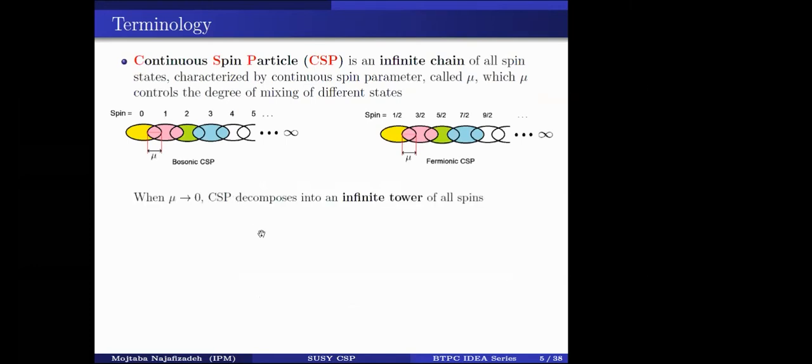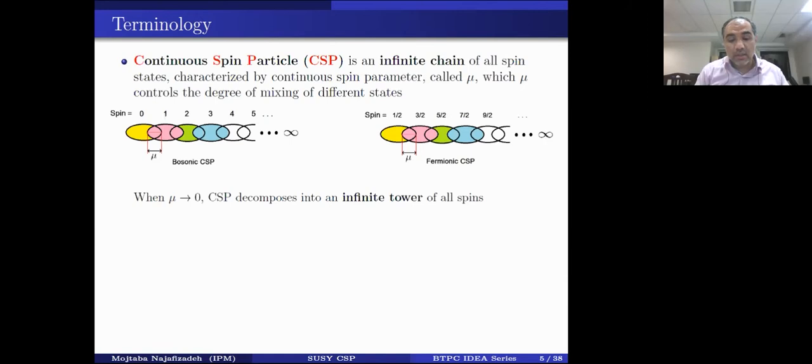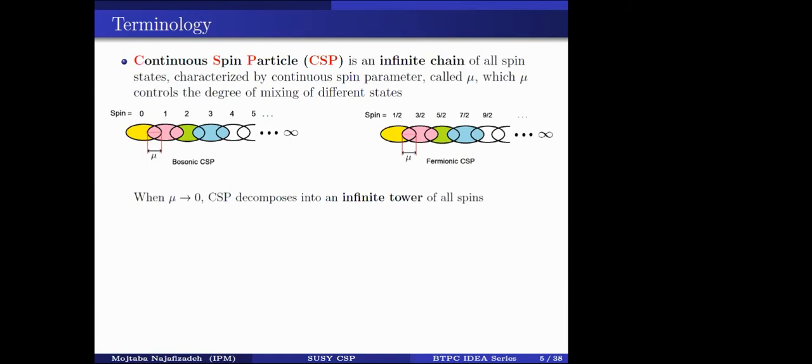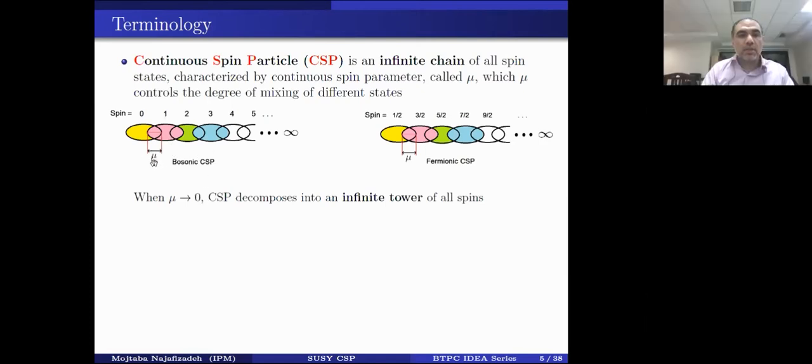When mu goes to 0, yes. Can you have mixing between 0 and 2 and have continuous spin? You cannot have just 0 and 2. You should have all the spins, and the degree of mixing of each state should be equal. This is mu, but this is a naive shape.